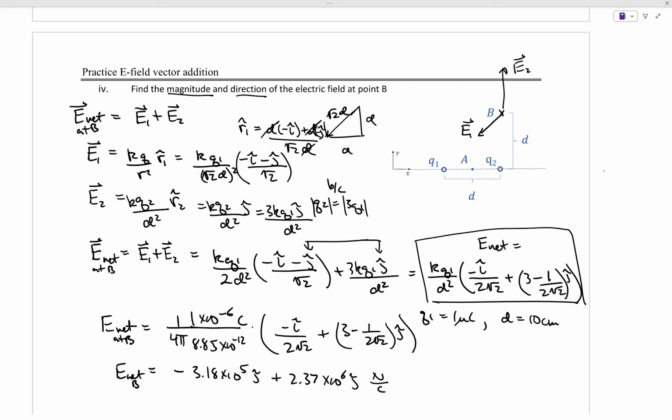So in order to get the magnitude of this, we would have to square Ex and Ey and add them together and take a square root. So conceptually, it would be the two components, the X part and the Y part.